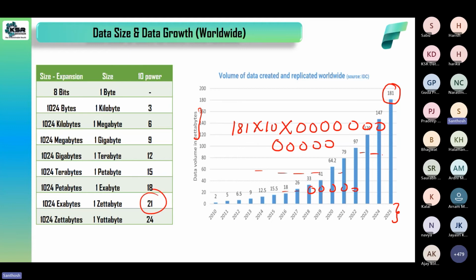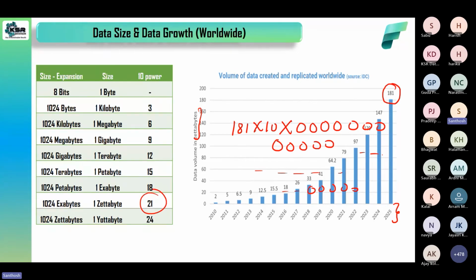Oh my God. I was worrying about 10 terabyte of data in KSR. The worldwide data is predicted to be 181 zettabyte. Now where can I store this? If you put an ant in front of an elephant, the ant will not even be visible.